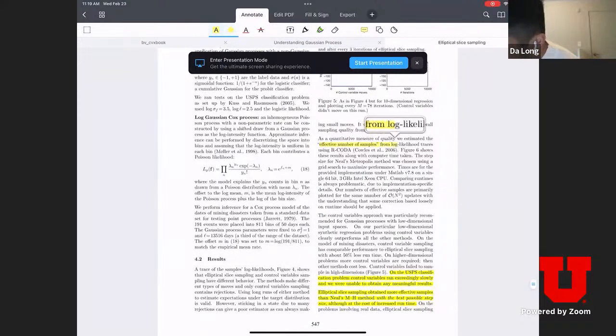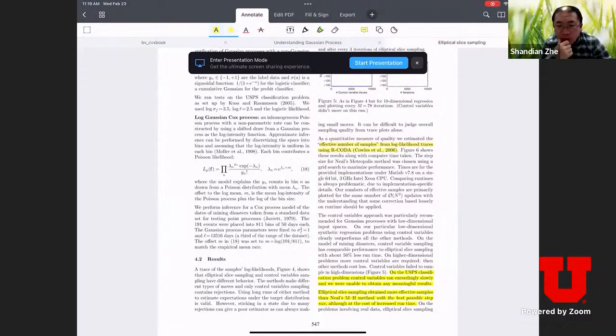So this is how it says the effective samples are computed from the log likelihood traces using RCODA. I don't know what this means. Oh, it's just to calculate the effective number of samples. Like you might collect 10,000 posterior samples, but the effective number of samples is equivalent to the number of independent samples.